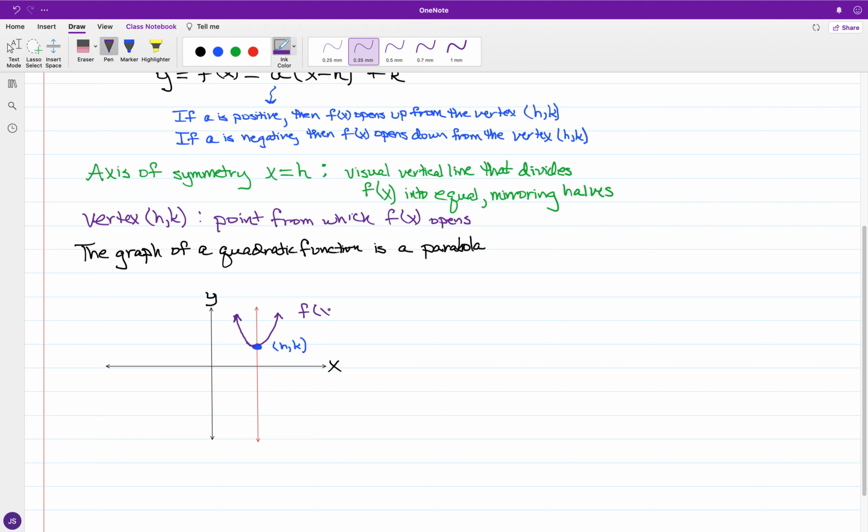So you have the graph of a quadratic function. Again, ax squared plus bx plus c is the standard form. And for the vertex form, you have a times the square of x minus h, followed by the addition of k.